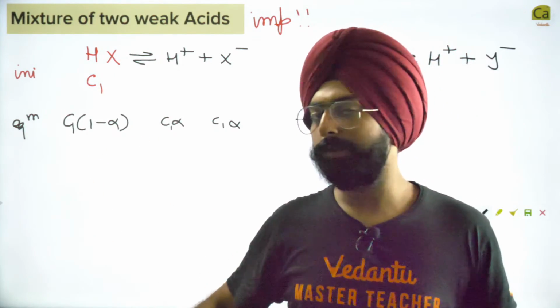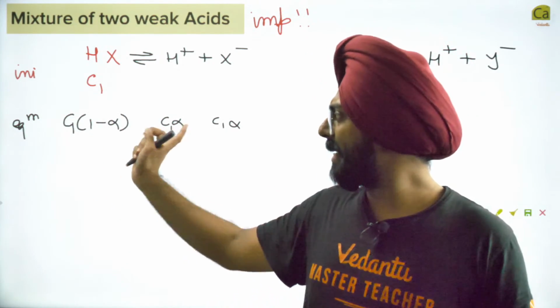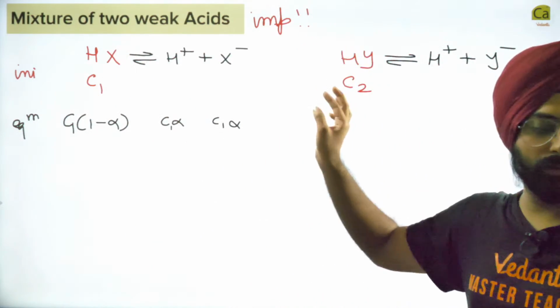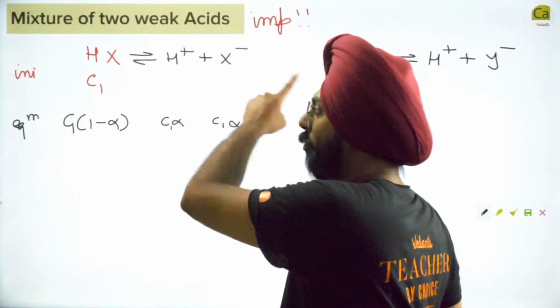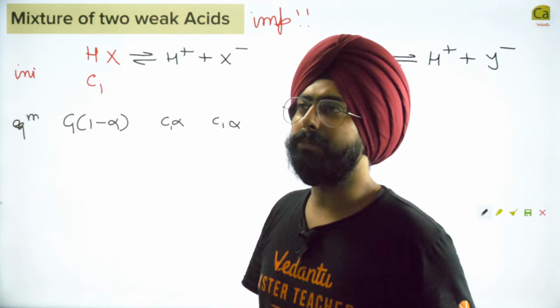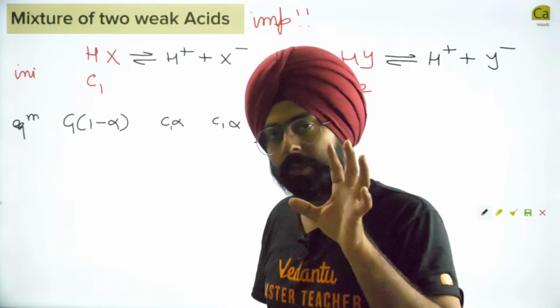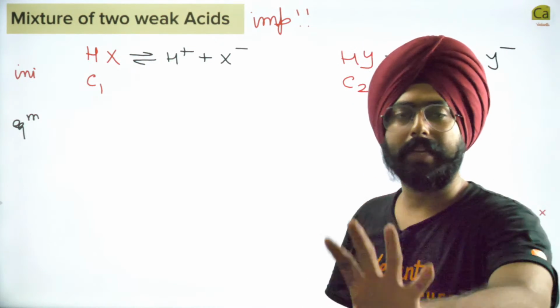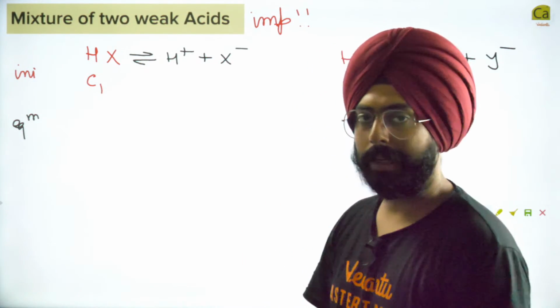But let me tell you, for this analysis, writing alpha is going to be a little difficult because this will have a different alpha, and this will have a different alpha. So we'll be dealing with different concentrations, different degrees of dissociation, different K equilibrium. It becomes a little too complicated. So to solve the complication, let's write it in a different manner, as we have been doing in chemical equilibrium.